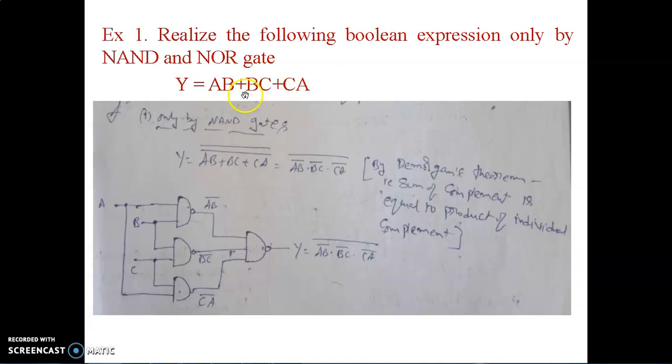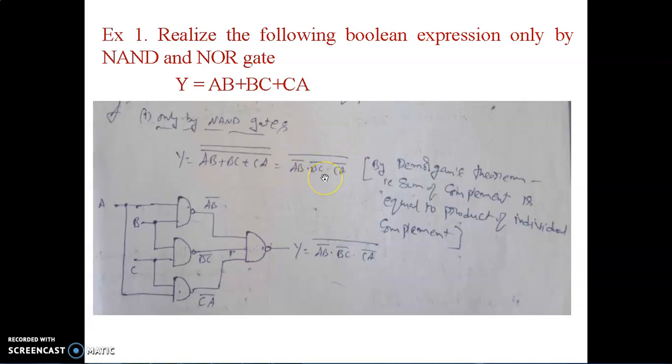So this equation contains plus sign. This can be eliminated by considering the double complement above this equation. If you consider these two complements, it will not change the meaning of the equation. Next, apply De Morgan's theorem to the inner complement. We get this equation. Now, it does not contain any plus sign.